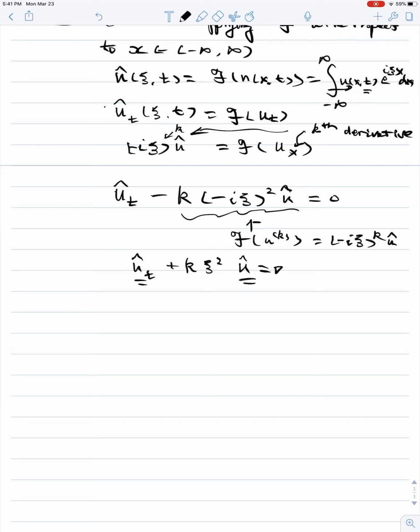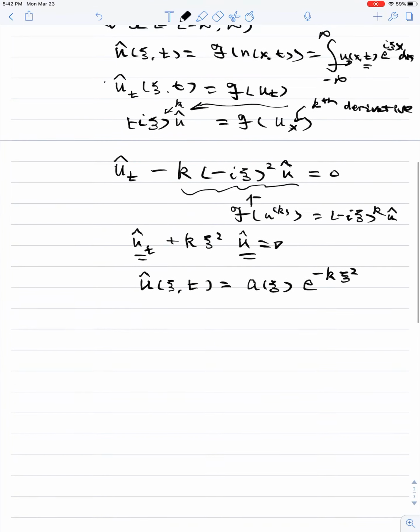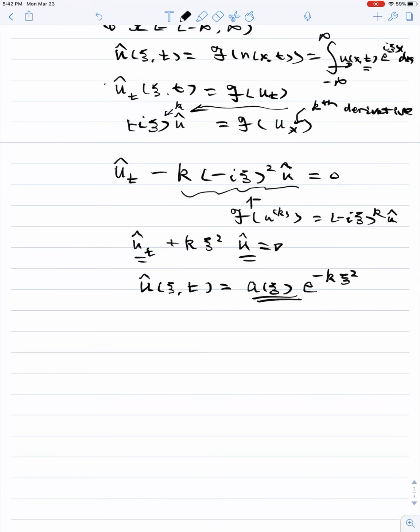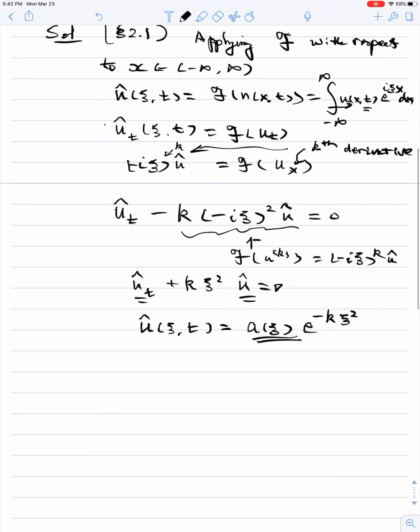It involves only the derivative in t, and we all know that the solution is û(ξ,t) = A(ξ) e^{-kξ²t}, where A is some function to be determined. This is an exponential decay function.